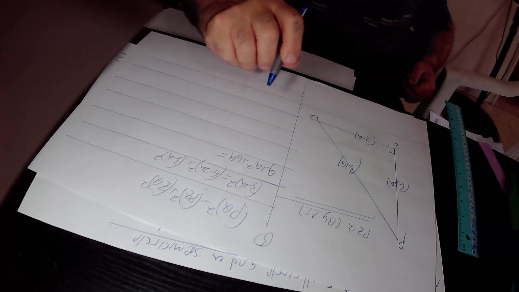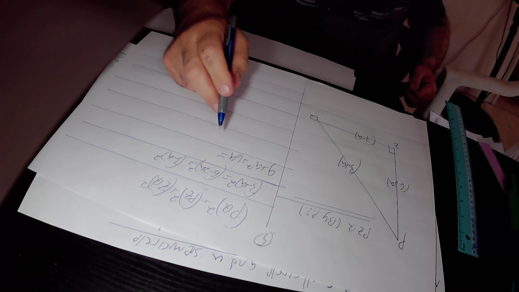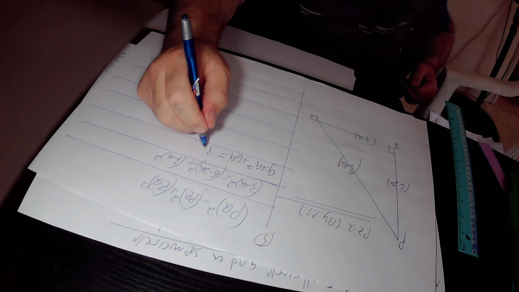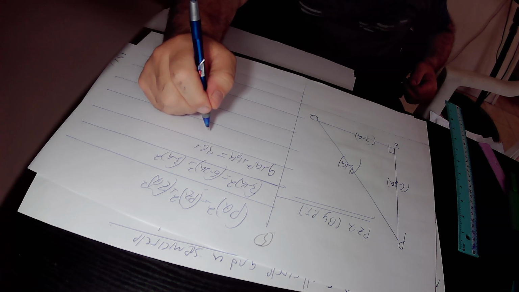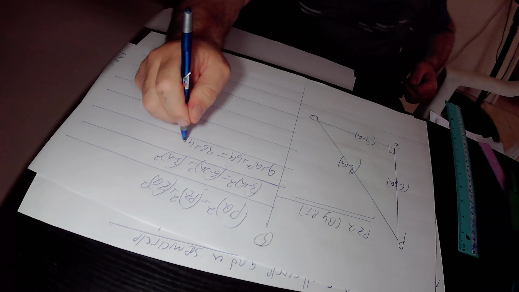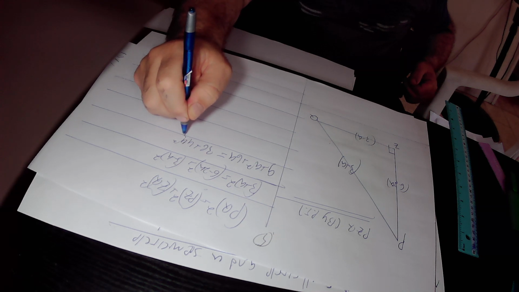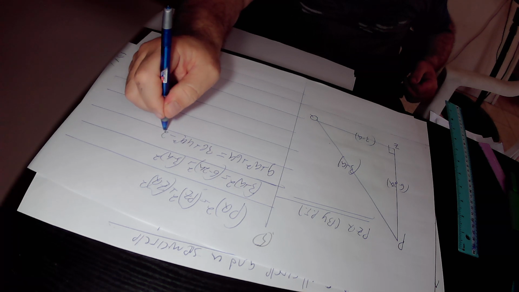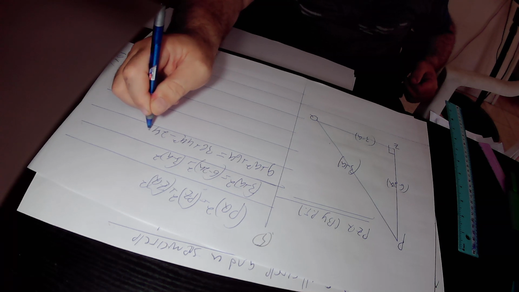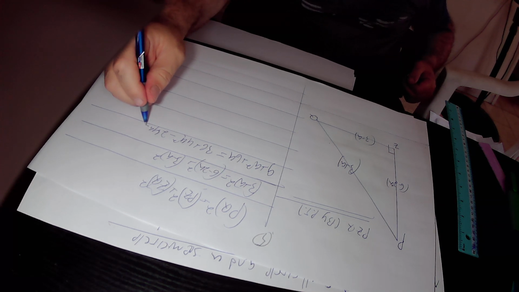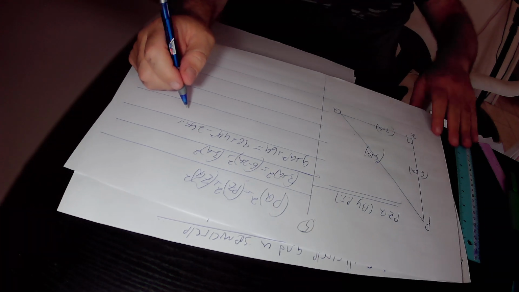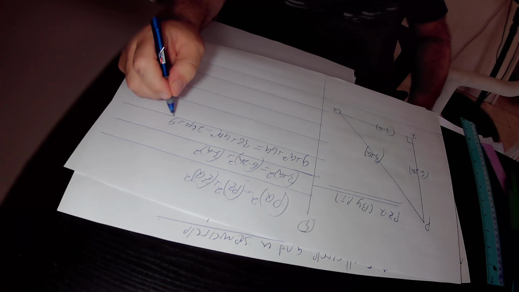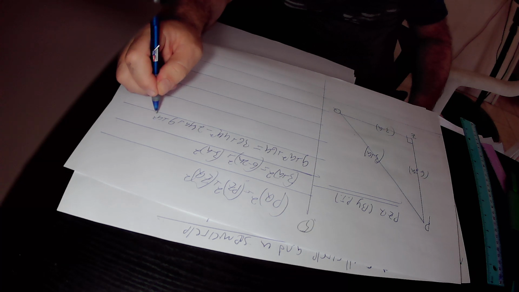And it is equal to, on the other side of the equation, 6 squared, that is 36, plus (2a) squared, which is 4a squared, minus 2 times 6, which is 12, and 12 times 2a is minus 24a. Plus (3 minus a) squared. (3 minus a) squared equals 3 squared, that is 9, plus a squared, minus 2 times 3 times a, which is minus 6a.